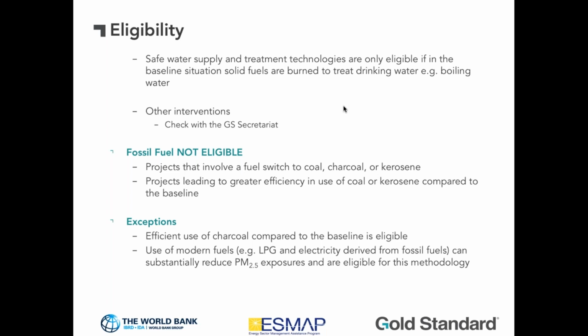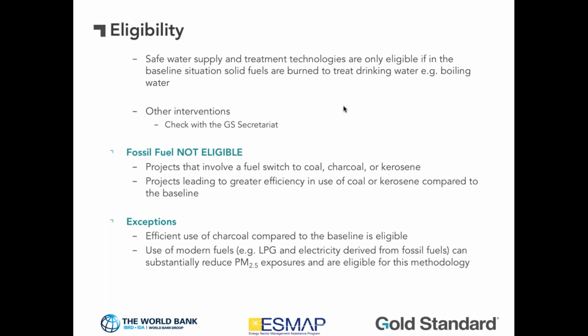In terms of the negative list, fossil fuels are not eligible, in the sense that any project that involves a fuel switch to coal, charcoal, or kerosene is not allowed. Also, projects leading to a greater efficiency in the project scenario as a result of use of coal or kerosene is again not eligible. There are two exceptions to this rule.